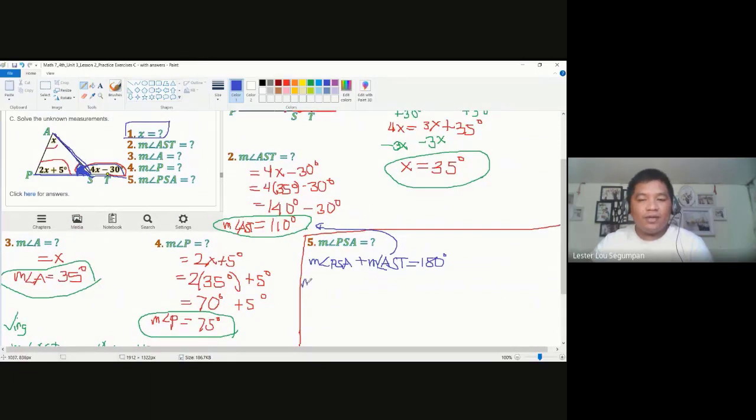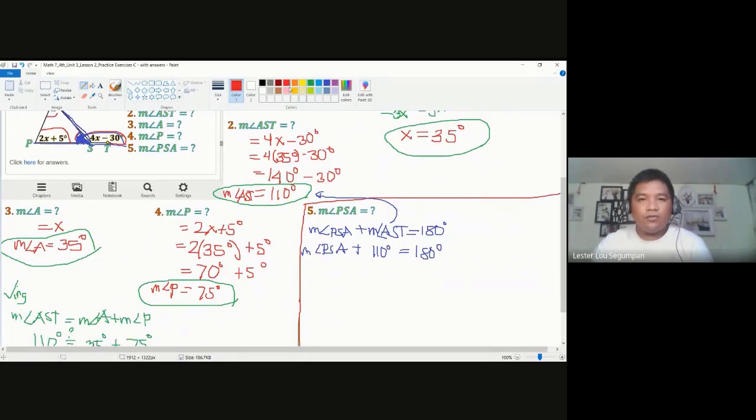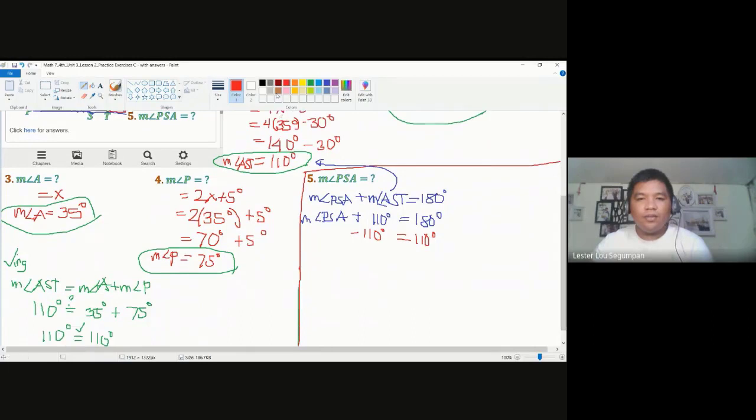So the measurement of angle PSA plus the measurement of angle AST, which is 110 degrees, must be equal to 180 degrees. To continue, subtract 110 degrees here. So the measurement of angle PSA for number 5 must be equal to 180 minus 110.